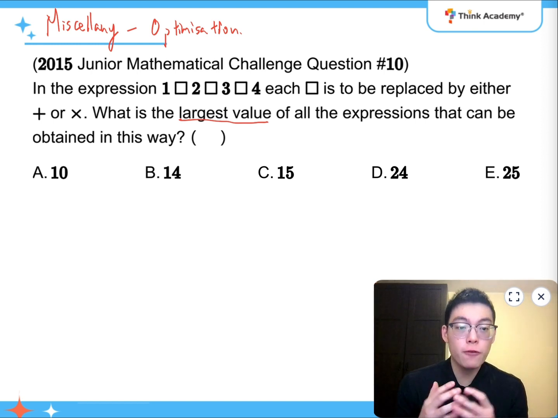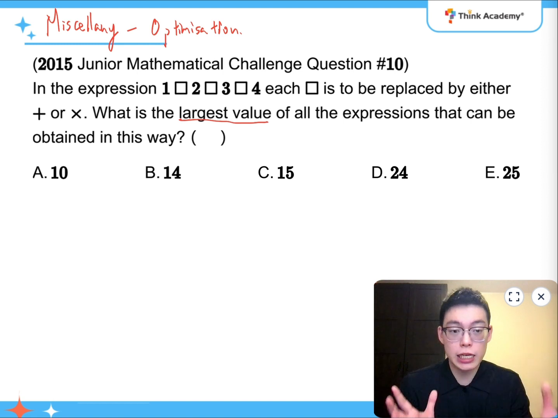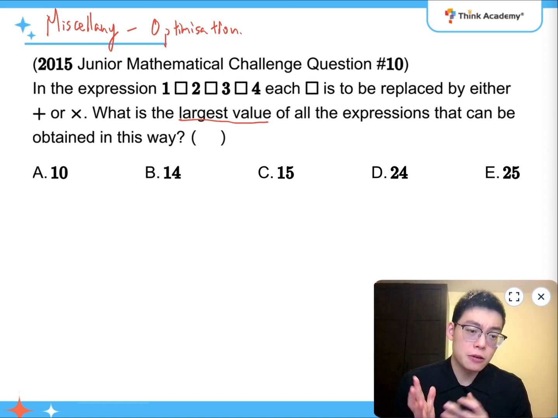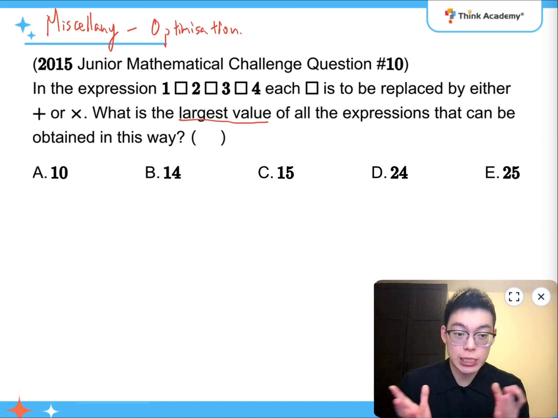We can see that both of them will increase the size of the numbers when we are operating it, right? If they are all positive integers, of course. So if I'm adding or multiplying positive integers together, they are always going to go larger.